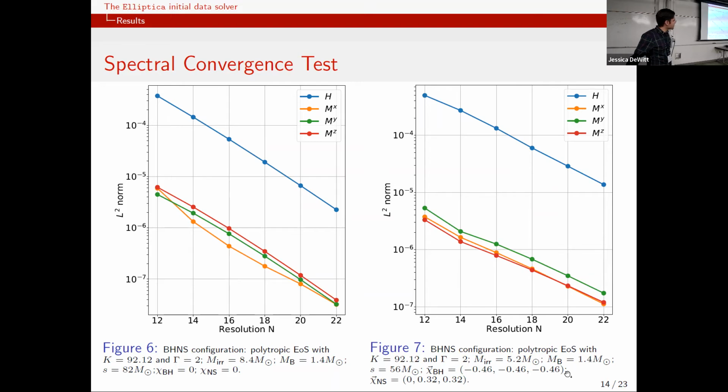The dimensionless spin of the black hole is 0.8 here, and for the neutron star it's about 0.45, and they point in arbitrary directions. So this is one of the cases that gives you precision. And again, in this case, if you look at the constraint versus resolution, you will see that they are going down exponentially.